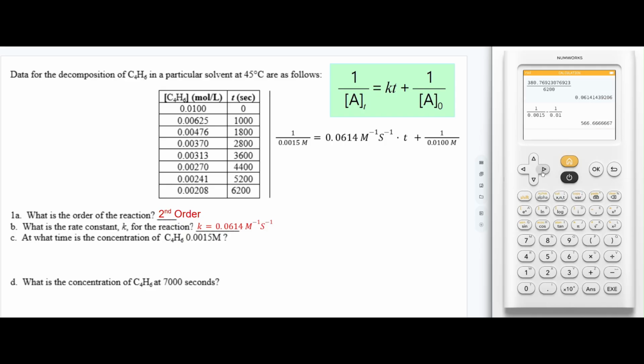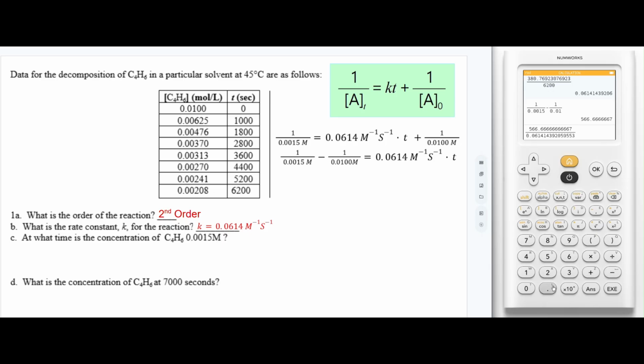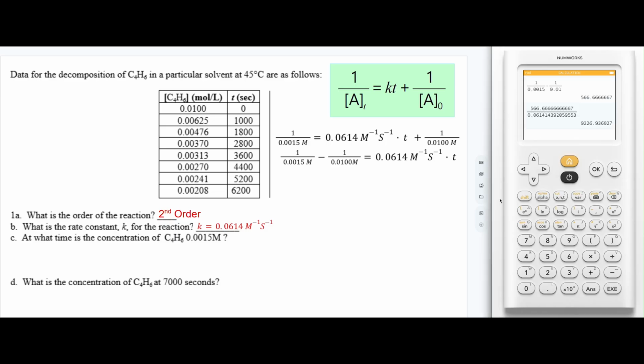Now we're going to divide this by our K value that we just calculated, where we are going to get 9,226 seconds.